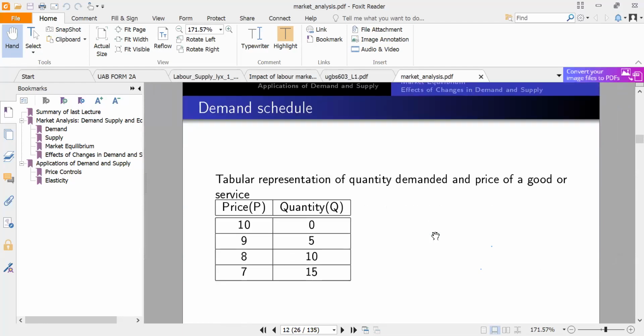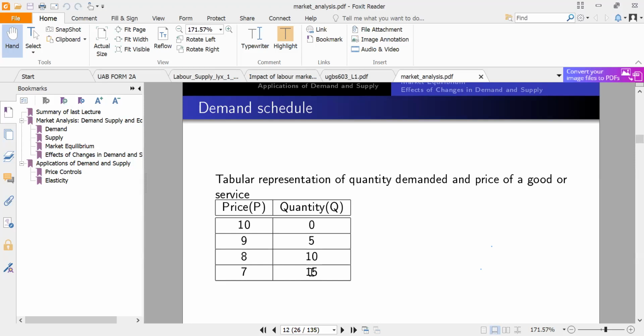Like the ideal milk example I gave, if the price of ideal milk is 10 Ghana cedis, I will buy 0. If it's 9, I'll buy 5. If it's 8, I'll buy 10. If it's 7, I'll buy 15. So you can already see a pattern that for the average normal good, the higher the price, the lower the quantity demanded.